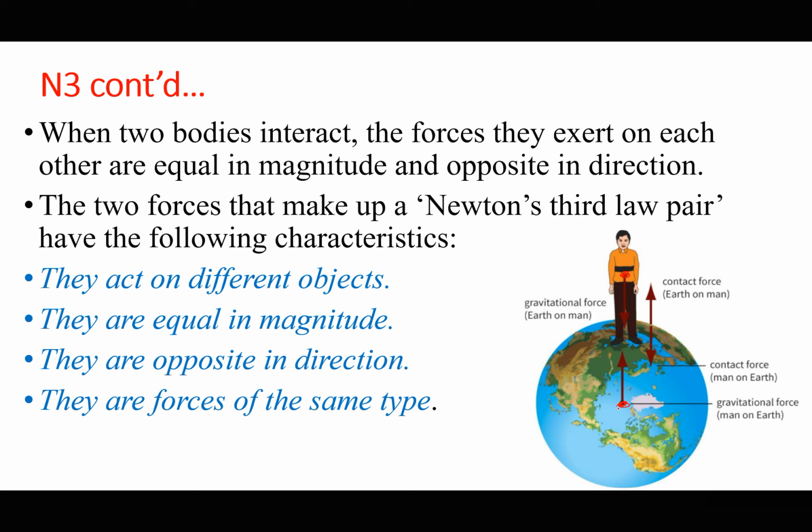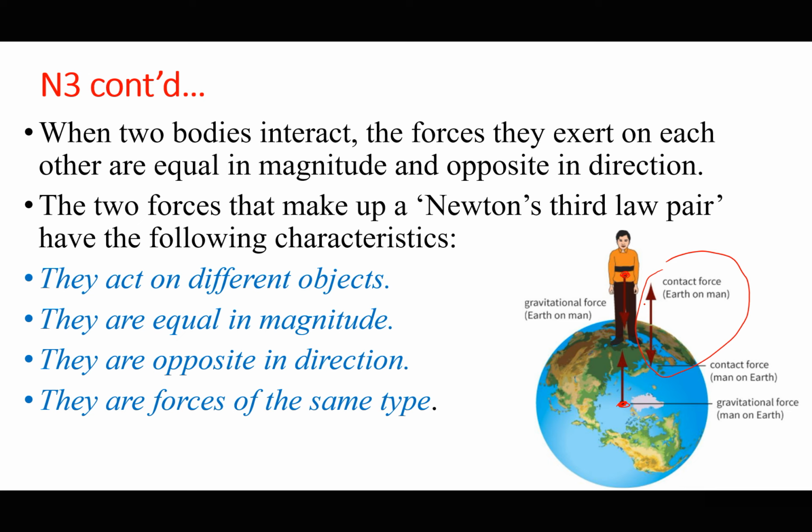Then there are also two other forces. We have the contact force, the Earth on the man, and we also have the contact force, the man on the Earth. These two are equal and opposite, according to Newton's third law. So I can't say the weight of the man on the Earth and the normal reaction from the Earth on the man constitute a Newton's third law pair, because those two forces are not of the same type.